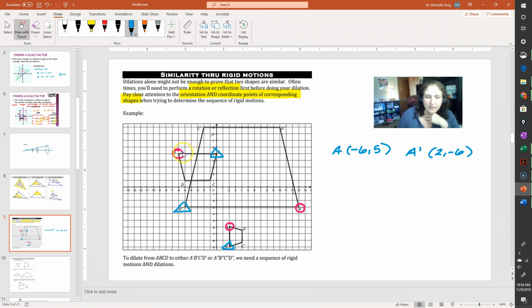See how here the pink is on the top and the blue is on the bottom? For it to get over here, we can tell that it had to have rotated. It's kind of like my mouse is here and my hand is here. When I rotate it, I should need to do it in reverse. Here's the mouse, here's my hand. So when I rotate it, there we go.